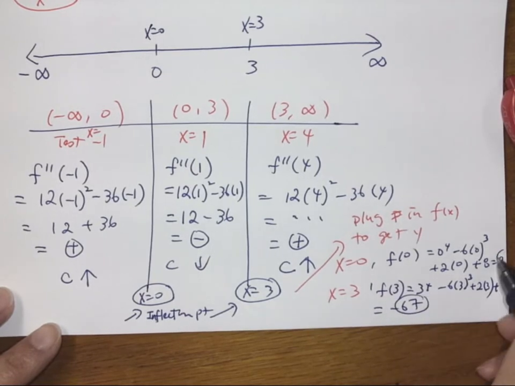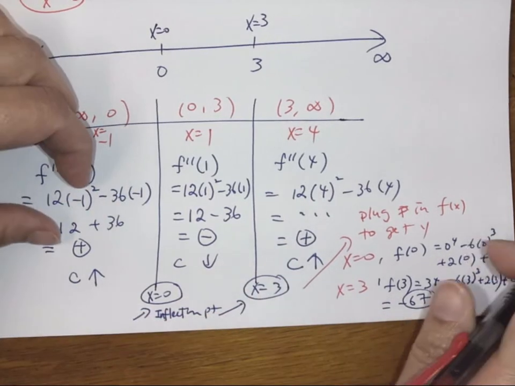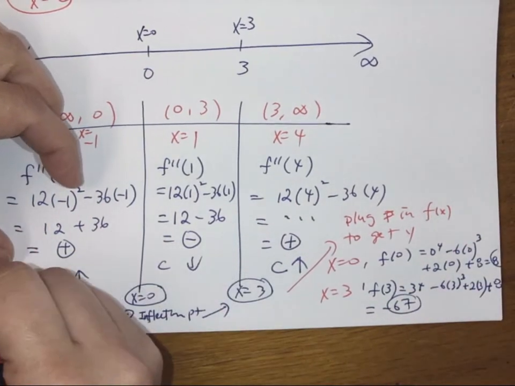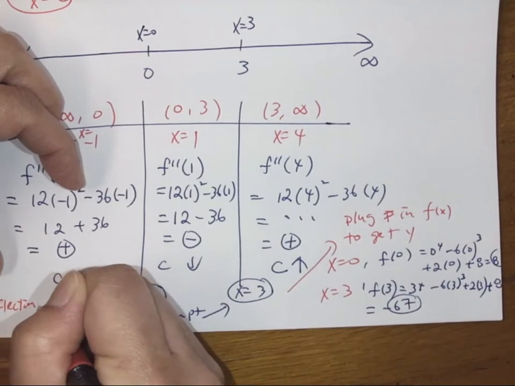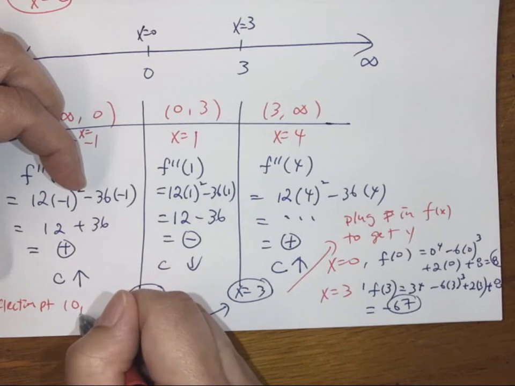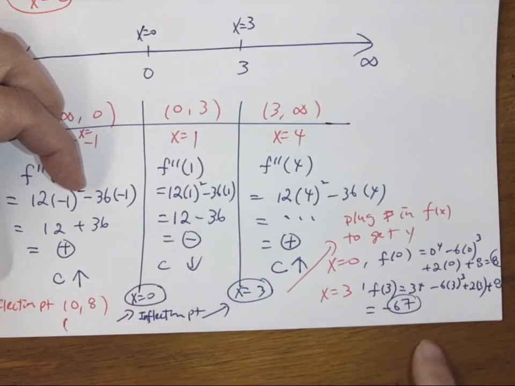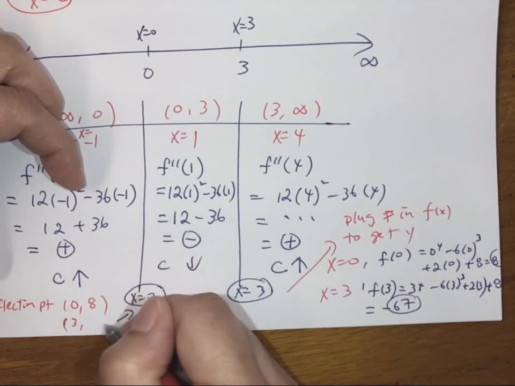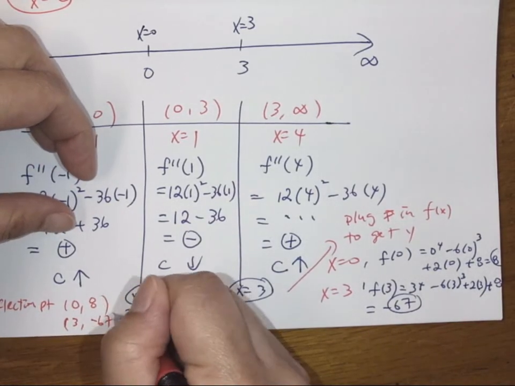So the inflection points are 0, 8, x equals 0, y equals 8, and x equals 3, y equals negative 67.